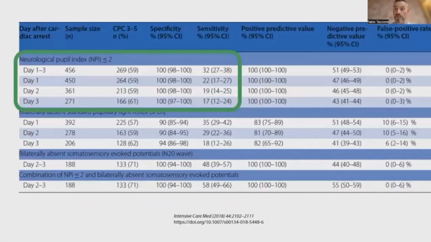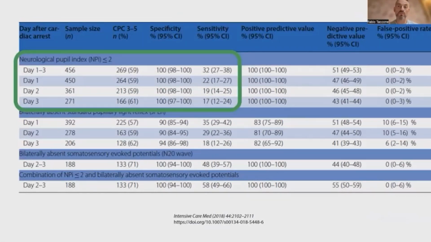This paper was published in Intensive Care Medicine 4 years ago, I would say, and it showed that alteration of this NPI, less than or equal to 2 already on day 1, had 100% specificity, 100% positive predictive value to identify patients having poor outcome.